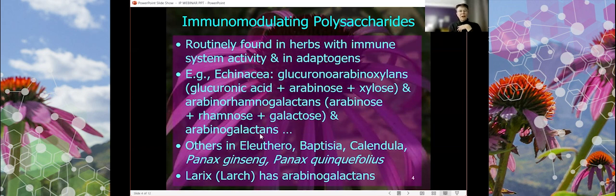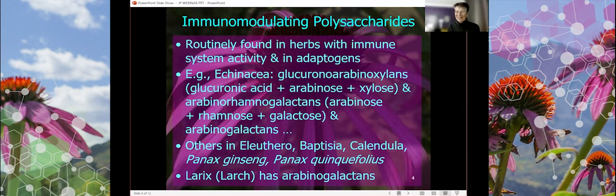Complex mixtures. Here's an example of some other plants that have been studied for their IP. That's Eleuthero, right? Eleutherococcus senticosus. And your famous ginsengs, Panax ginseng or Asian ginseng, and American ginseng, the five-leafed one, quinquefolius, and also Baptisia, which is a really famous, intense immune system herb. And surprise, calendula.